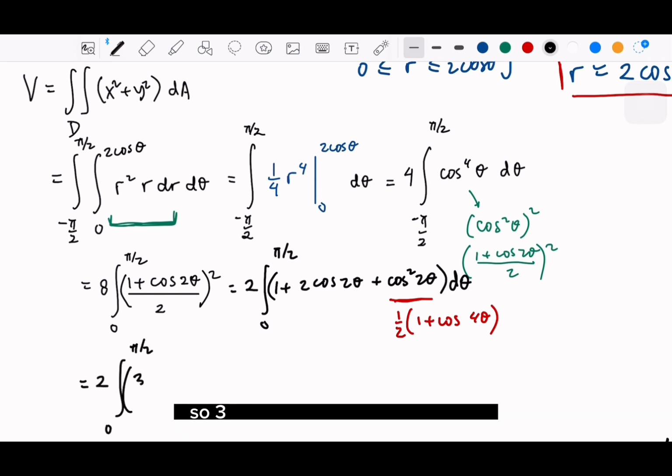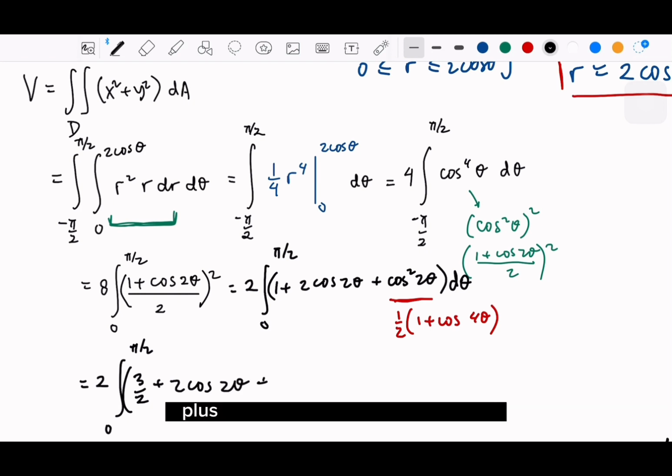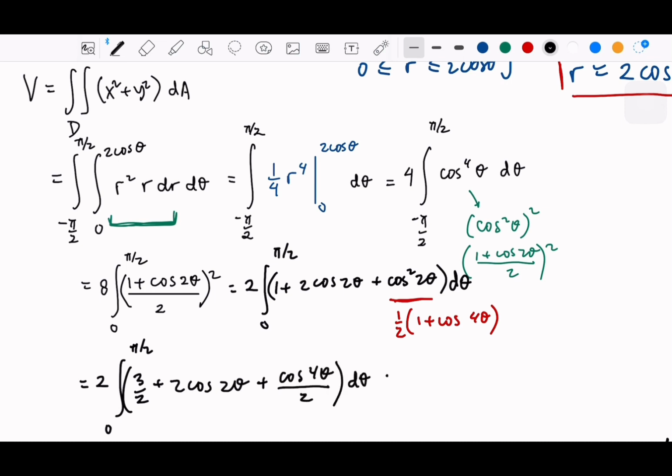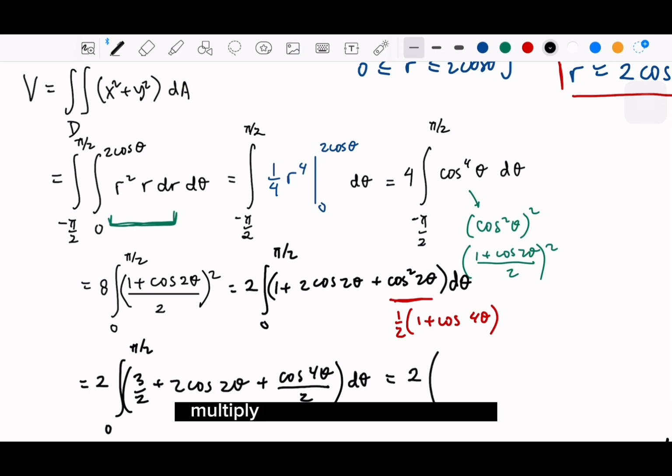So 3 over 2 plus 2 cosine 2 theta plus cosine 4 theta divided by 2, and then d theta. So we integrate all. So we take 2 multiplied with 3 over 2 theta.